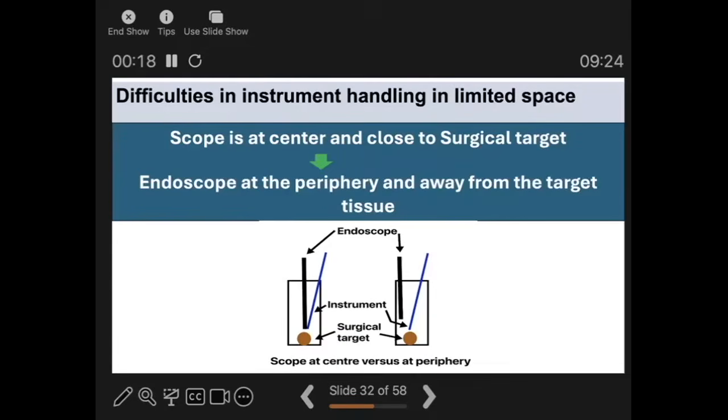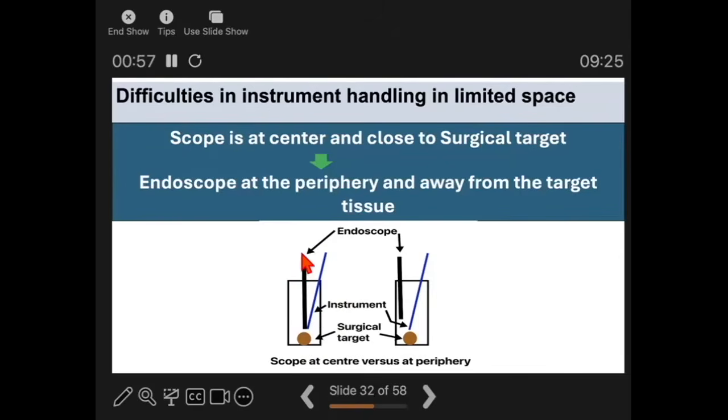The scope may restrict instrument movement if placed centrally and when it is placed very close to the surgical target. On the other hand, positioning it at the periphery and away from the surgical target tissue improves instrument manipulation. This image explains: this is the endoscope, this is the instrument, this is the surgical target.